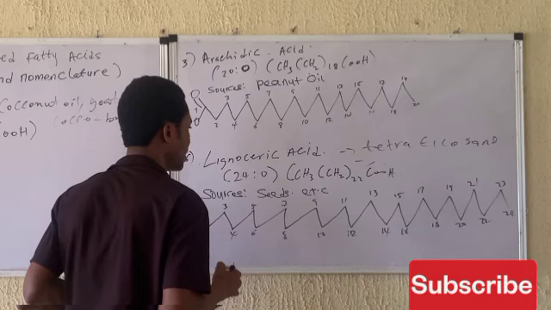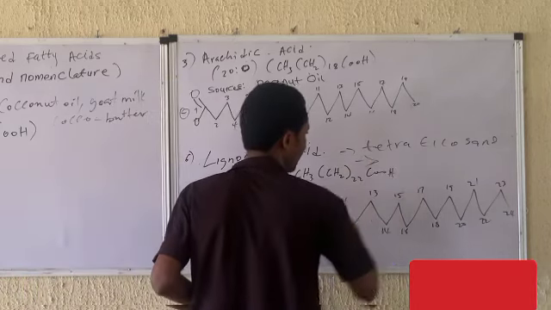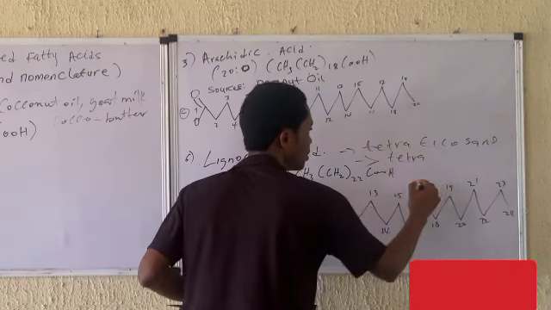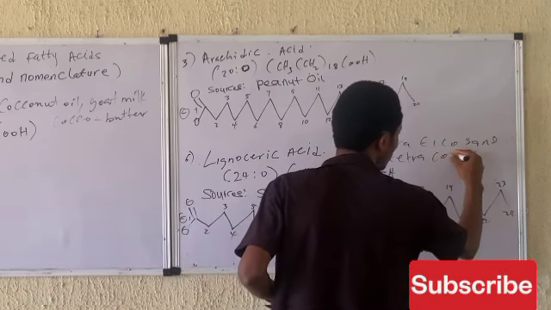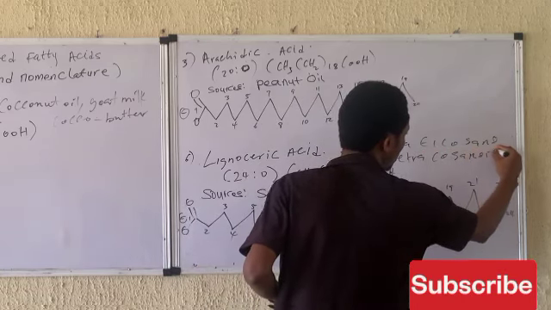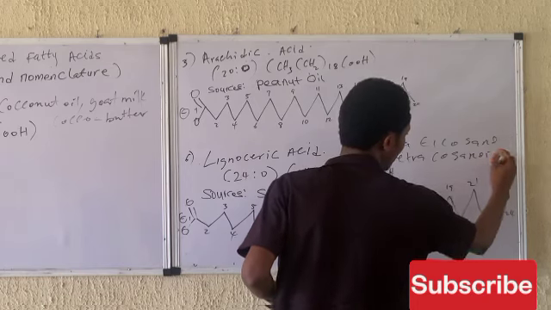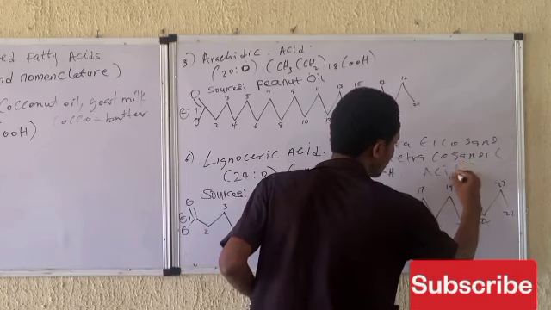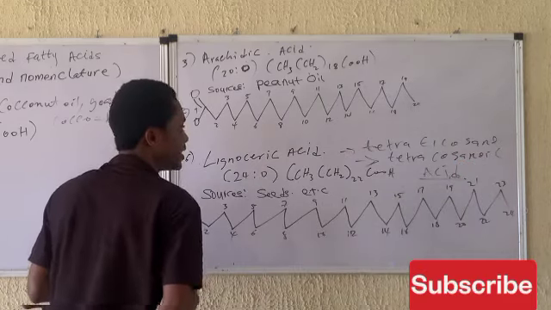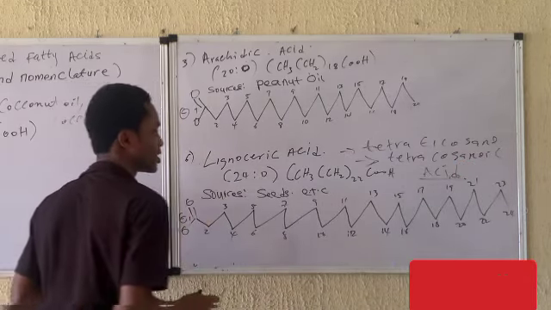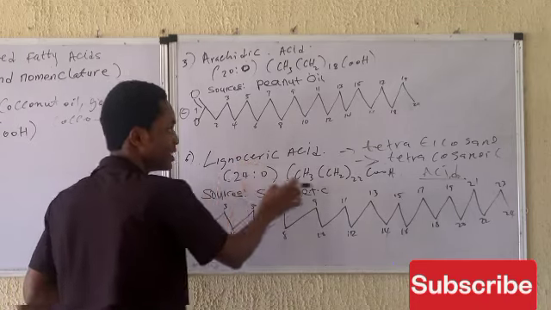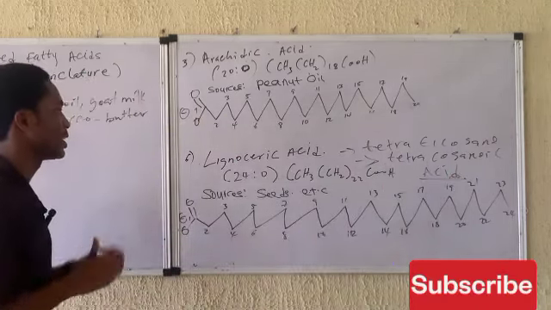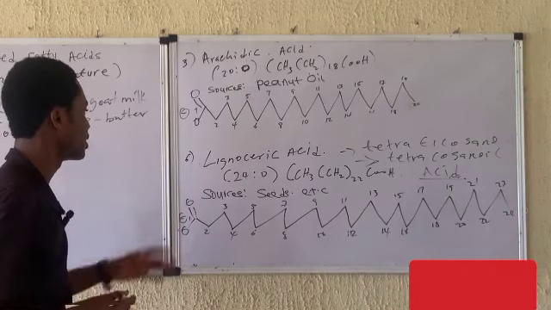Now the acid will be tetracosanoic acid. This is the IUPAC name of lignoceric acid. So this is that for lignoceric acid.